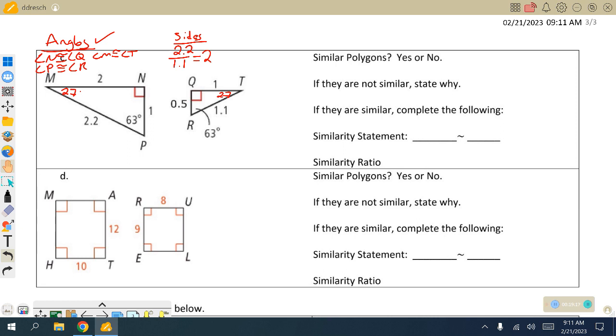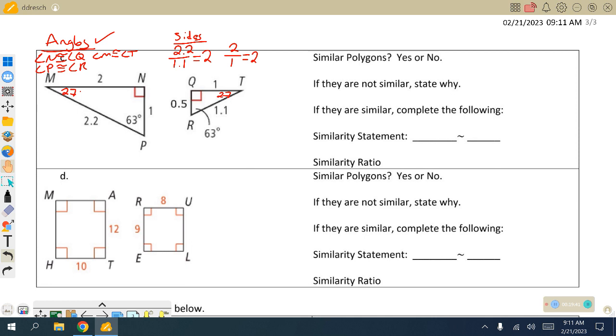What's my next side you want to match up with? I'm going to take that 2. That's across from my 63. MN of 2. What's MN of 2 going to correspond to? 1, that's QT. That is across from 63 degrees. And 2 over 1 reduces to 2, right?